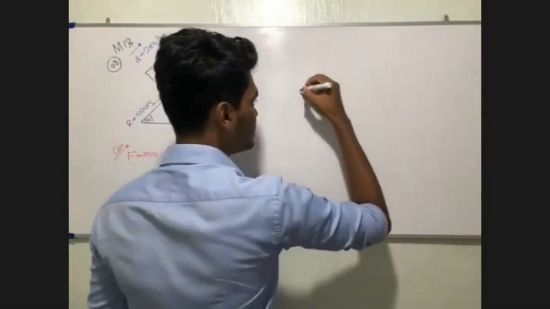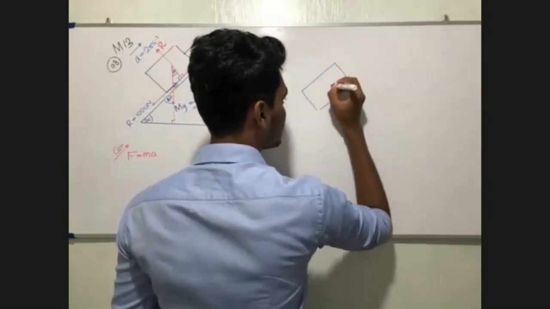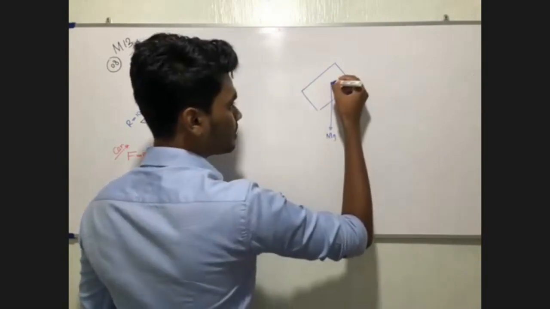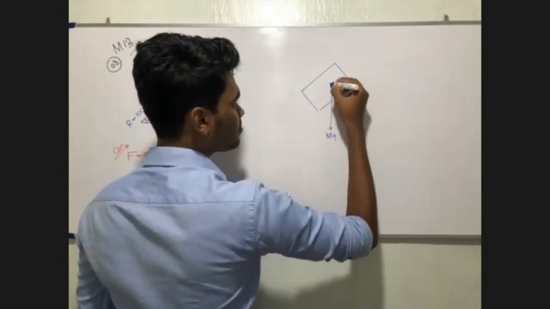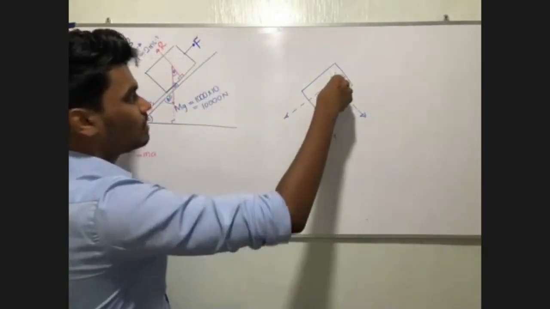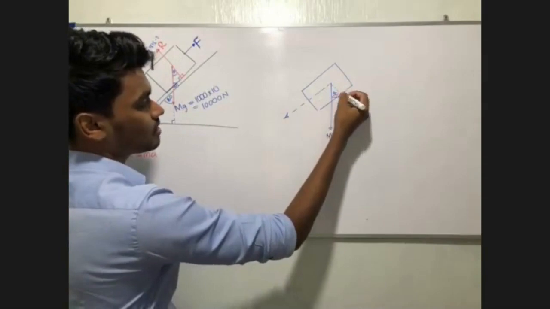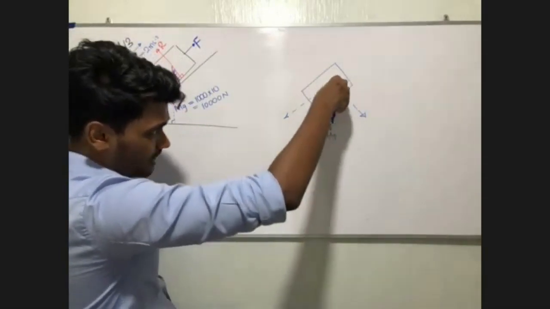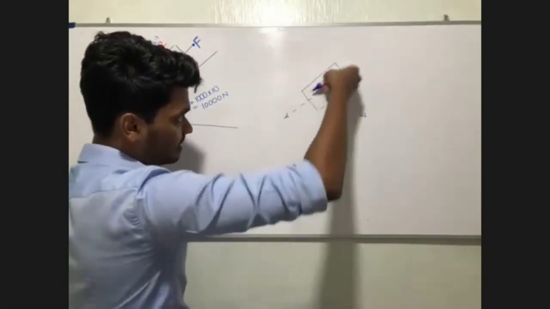You know, right? If this is mg, if we resolve mg, this is 30 degrees. If we resolve mg away from the angle, then what is this?